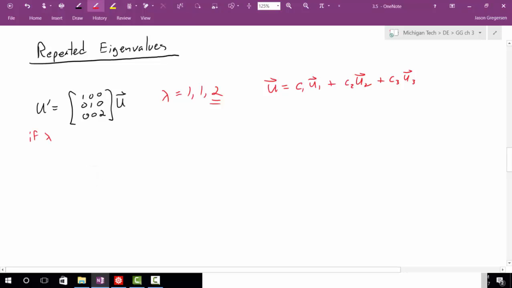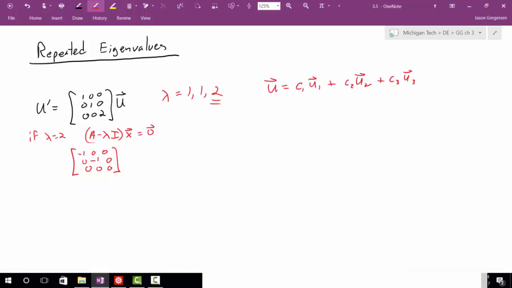If lambda equals 2, then I got to solve A minus lambda I times my eigenvector equals 0. A minus lambda I is basically subtracting lambda from the diagonals. That's the matrix I get.